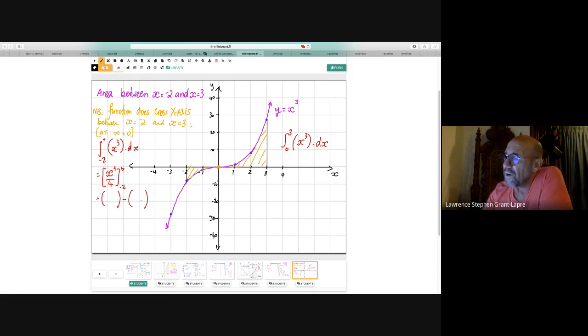So first let's substitute 0 over 4 is 0. Now substitute -2. -2 to the power of 4 is 16. 16 over 4 is 4. Okay, we get a value of -4.